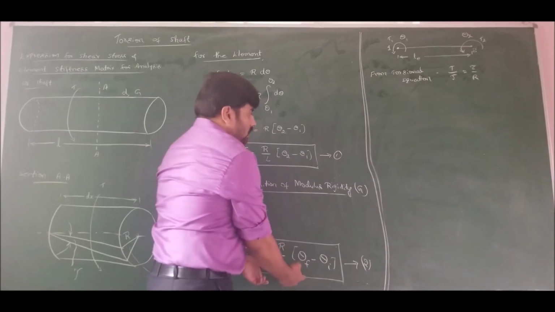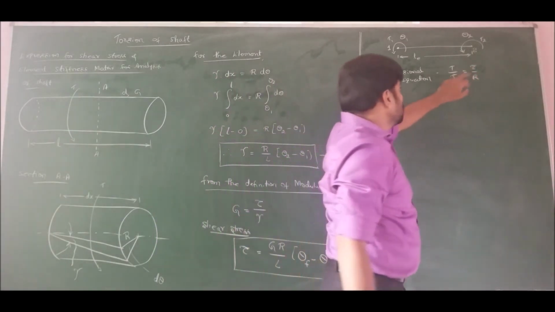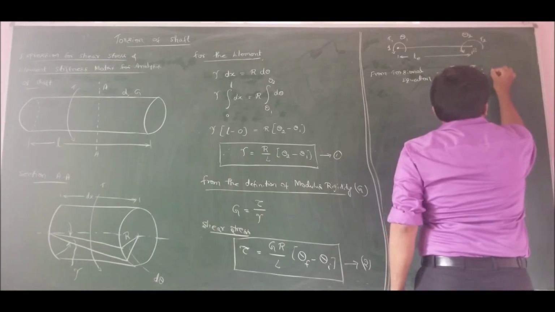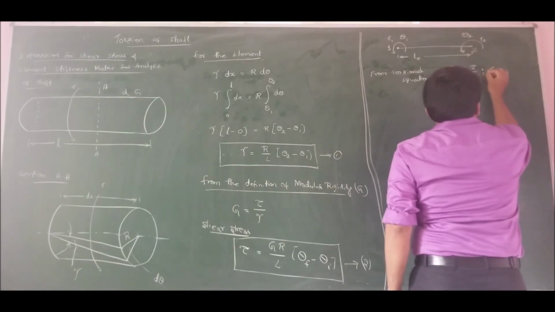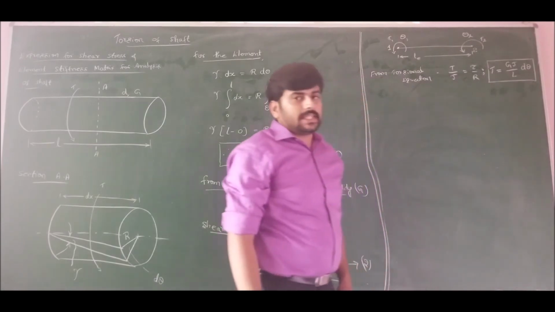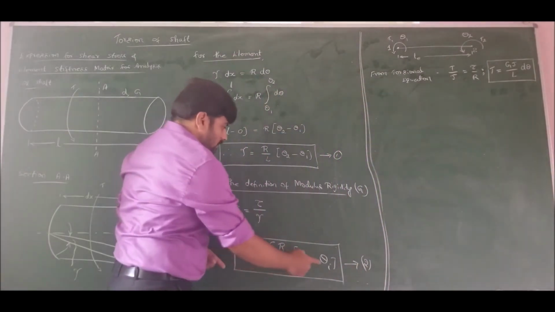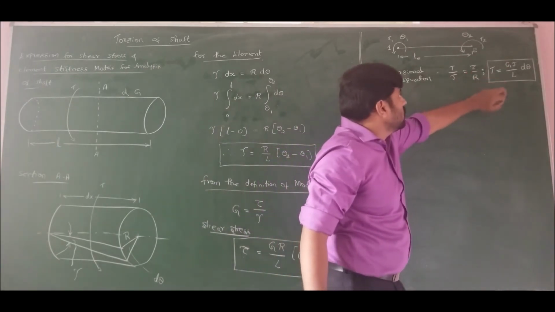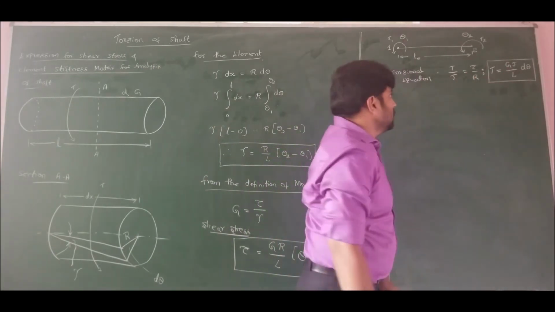From equation 2, if I substitute the value of tau, then torque T will be given by T equal to G J by L into d theta. That is, substituting the value of shear stress from equation 2, I will get the axial torque equal to G J by L into d theta.